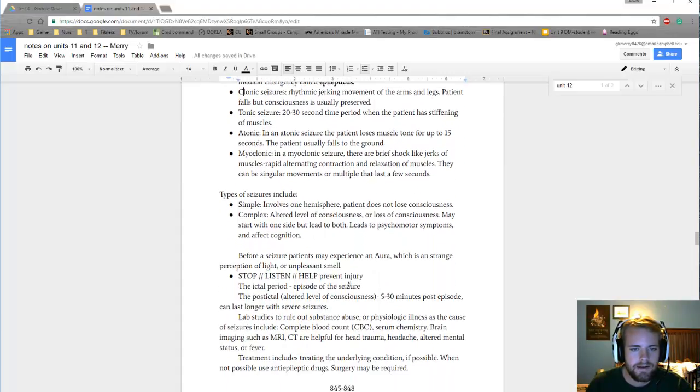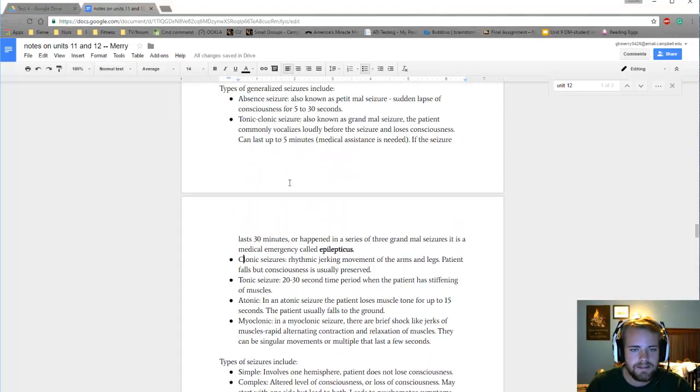Be sure to know that. So there was not only a seizure, but an epic seizure, and that's what caused them to be classified as status epilepticus.